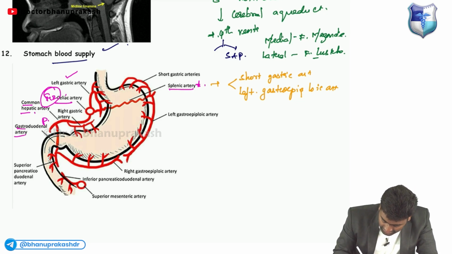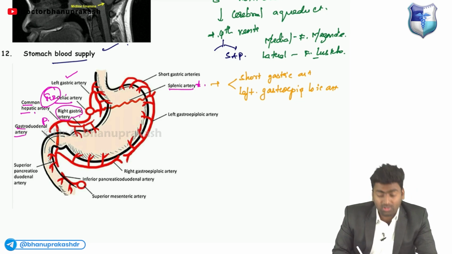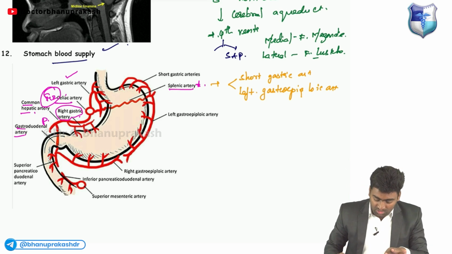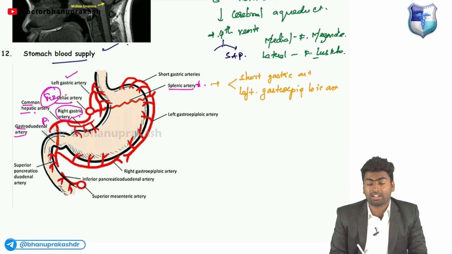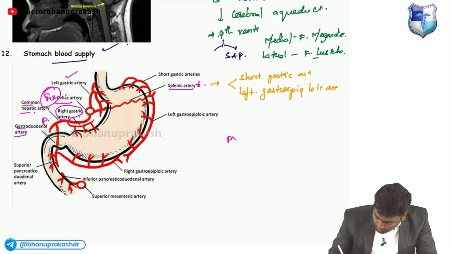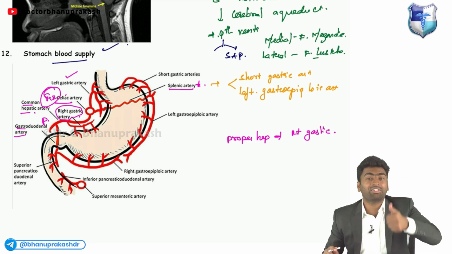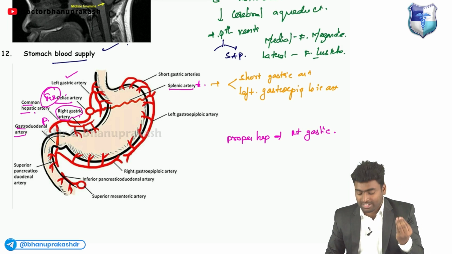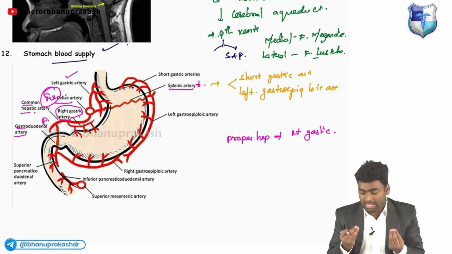Previously, the right gastric artery was a part of the common hepatic artery. I have given this image so that you won't get confused in the examination. But now the proper hepatic artery gives rise to the branch of the right gastric artery. So remember, the left gastric artery is a direct branch of the celiac plexus, whereas the right gastric artery is a branch of the proper hepatic artery.